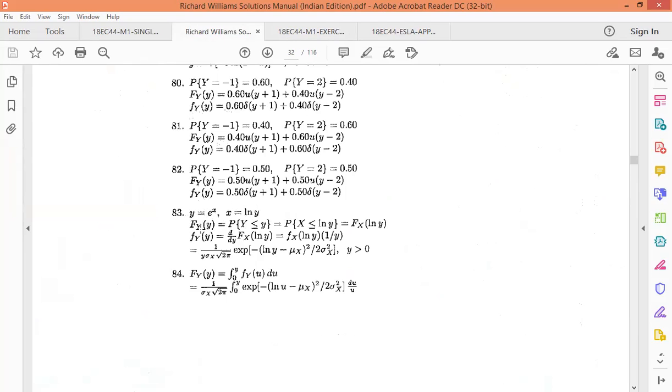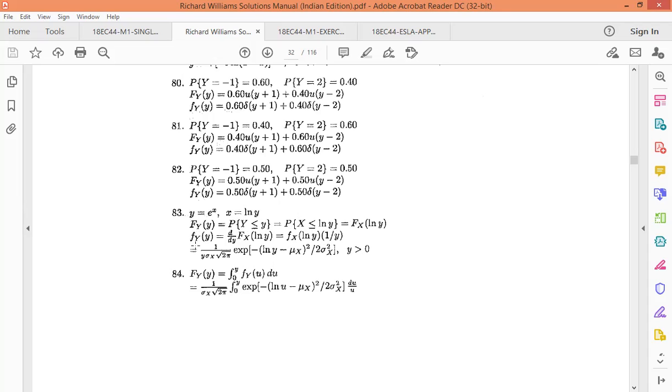Here the CDF, Fy of y, can be written as probability of y less than or equal to y, which is equal to probability of x less than or equal to ln y. This whole probability will be equal to Fx of ln y. Now you can express this in terms of whatever CDF you are given. Using this CDF, we can get the PDF value.